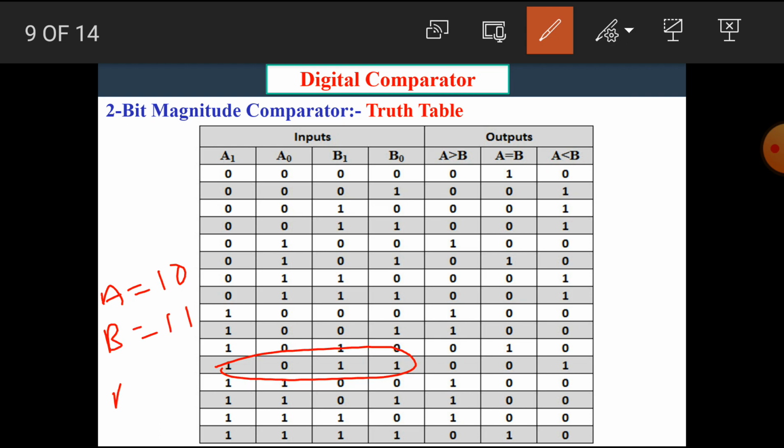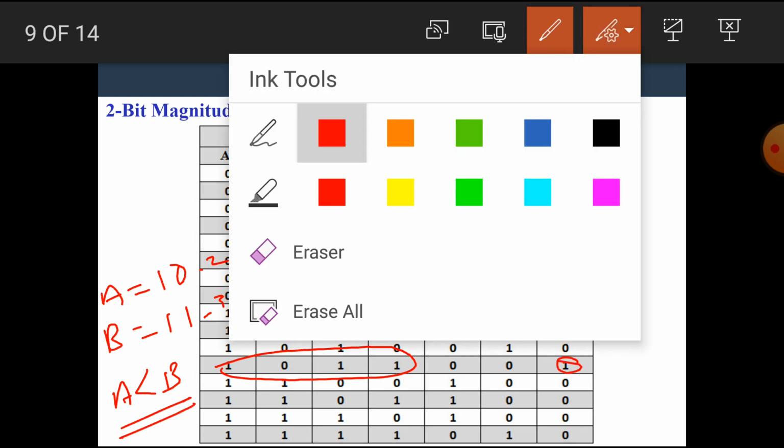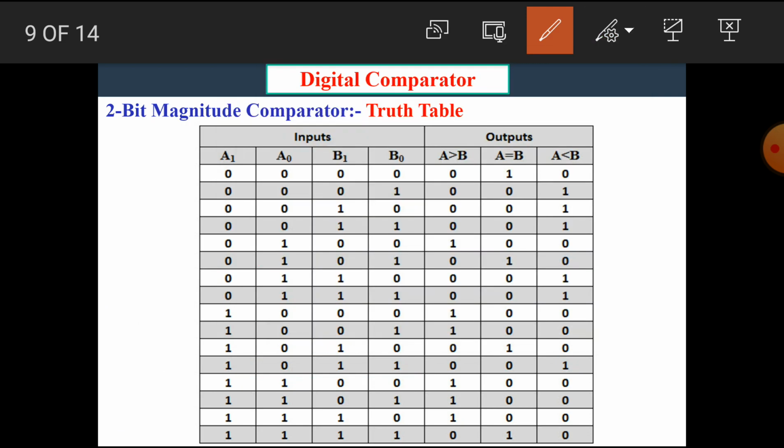Here A is less than B, because we know that 1 0 is 2 and 1 1 is 3. Hence A is less than B. Let's see another case. A has the value 1 1, B has the value 1 0. Here A is greater than B, hence A greater than B is equal to 1.